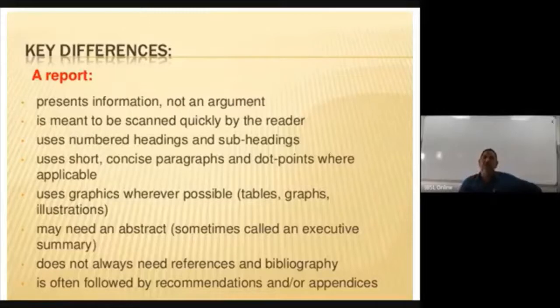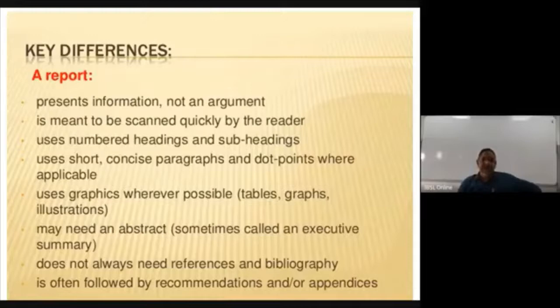Don't write long sentences. Don't use technical terms in most instances. Use only simple language. Paragraphs should be short and concise, and wherever needed, give the information in point form, dot points.